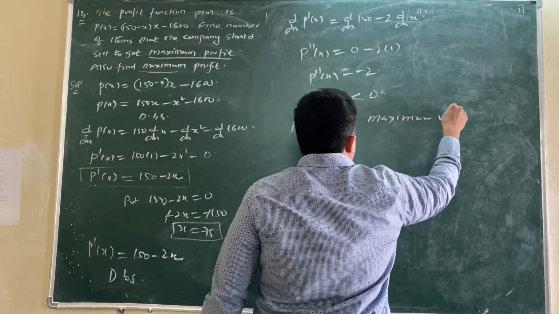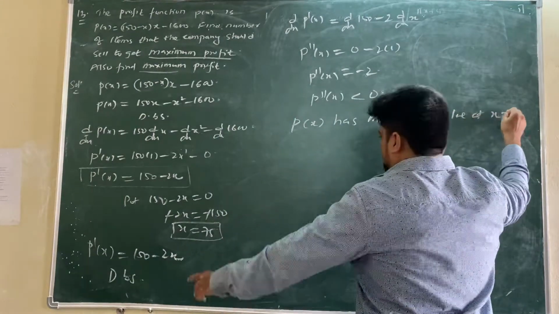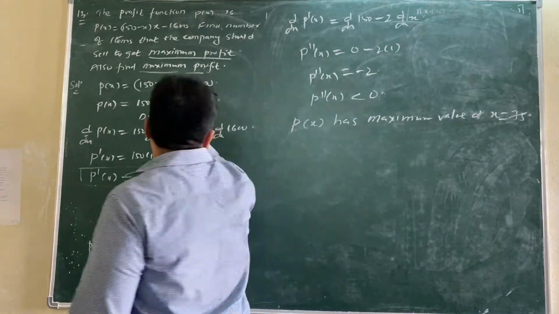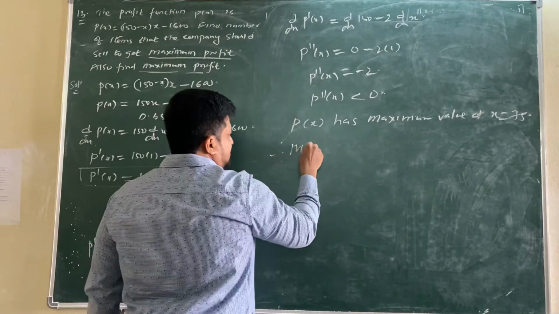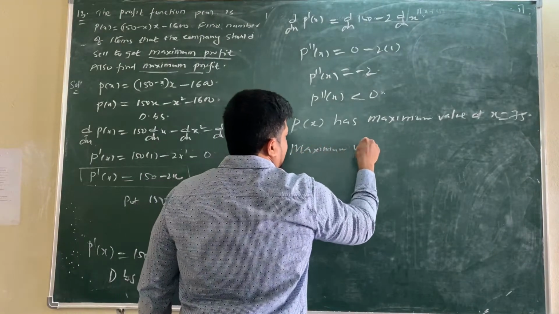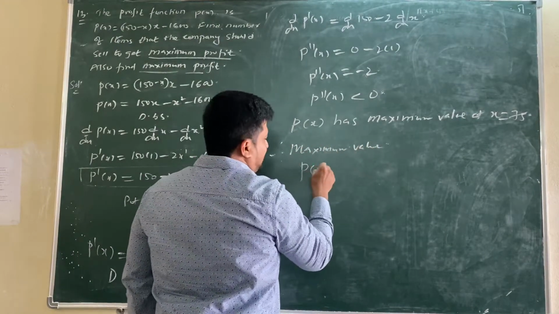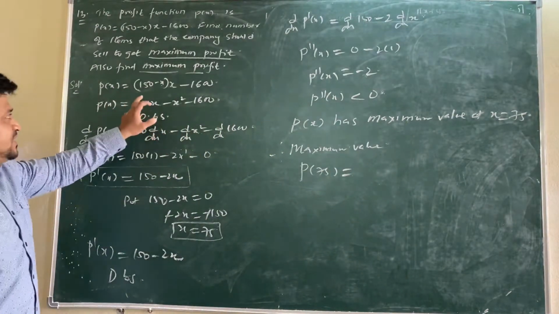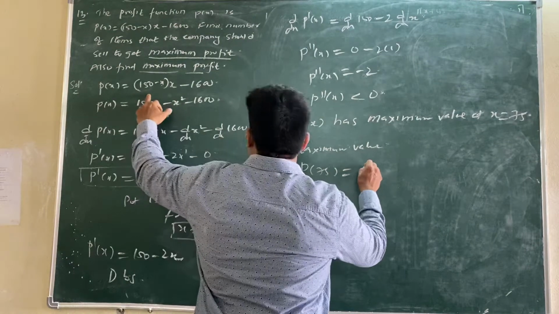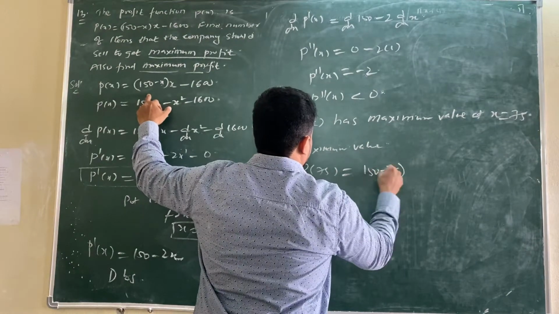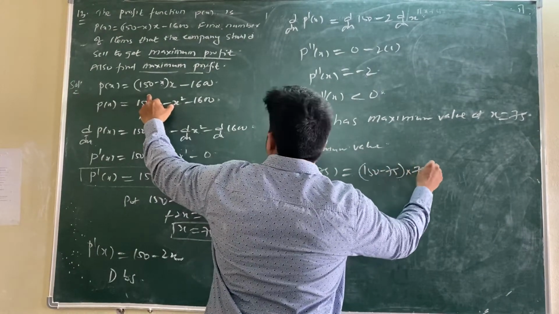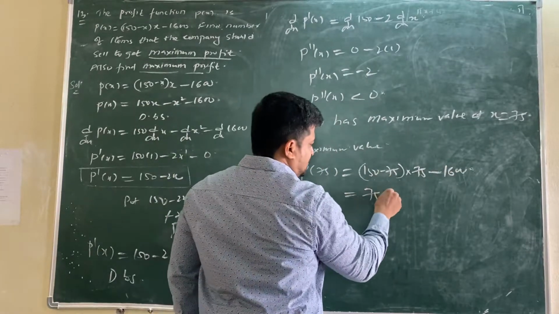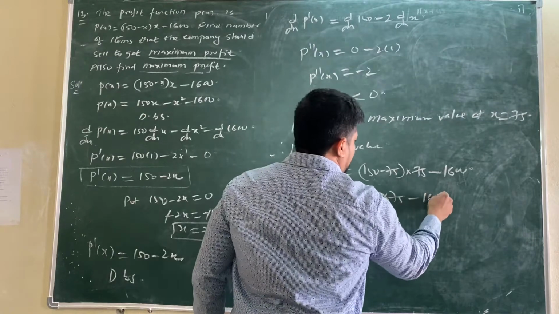Maximum value at x equals to, how much we got the x value? 75. And what is that maximum value? P of that value we have to substitute in the question. Whatever answer we get, we will substitute here. 150 minus 75, 75, multiply 75.